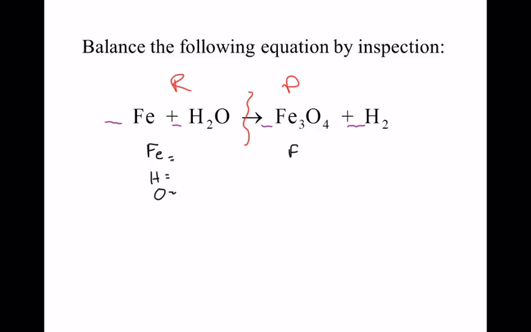Fe, H, O. And then I write what I have if I just go with coefficients of 1 across the board. I have 1 Fe, 2 hydrogens, 1 oxygen on the reactant side. I have 3 irons, 2 hydrogens, and 4 oxygens on the other side.